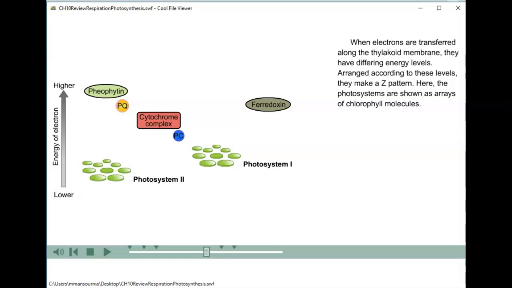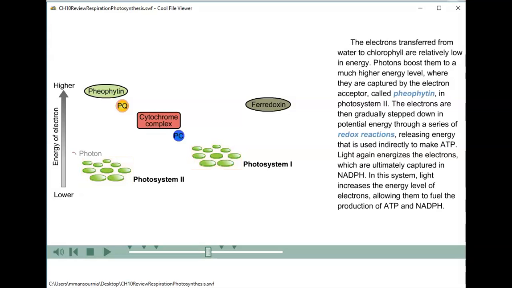When electrons are transferred along the thylakoid membrane, they have differing energy levels. Arranged according to these levels, they make a Z pattern. Here, the photosystems are shown as arrays of chlorophyll molecules. The electrons transferred from water to chlorophyll are relatively low in energy. Photons boost them to a much higher energy level, where they're captured by the electron acceptor called pheophytin in photosystem 2.